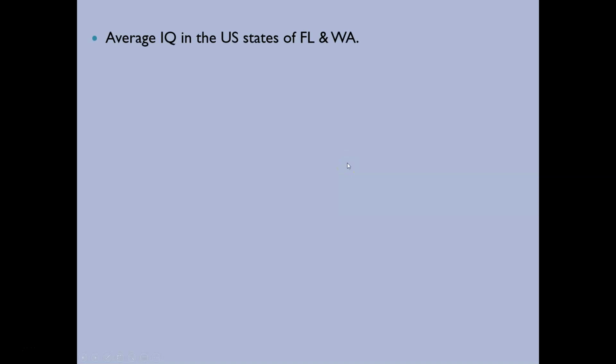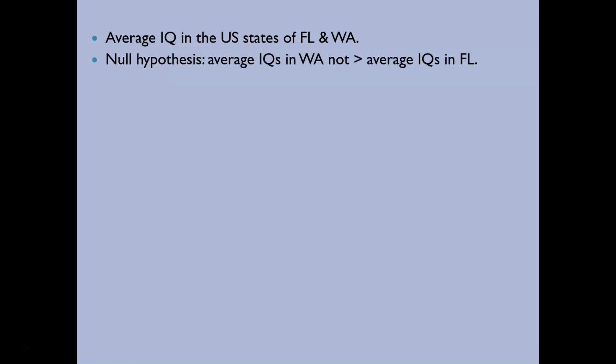Now in this example, let's look at two different states in the country, Washington and Florida, and we will measure student IQ in those two states. When you are looking at any biologically or scientifically interesting question, you need to come up with a hypothesis. So scientifically, you may expect to have IQ differences between Florida and Washington.